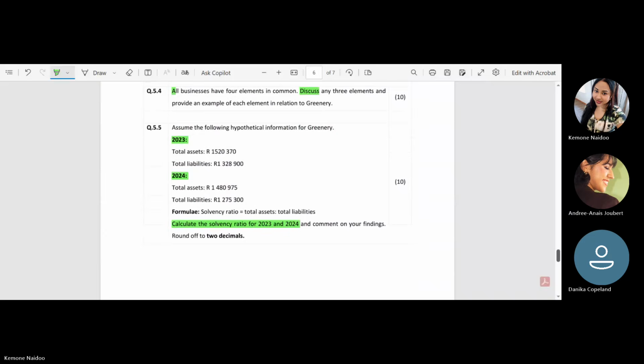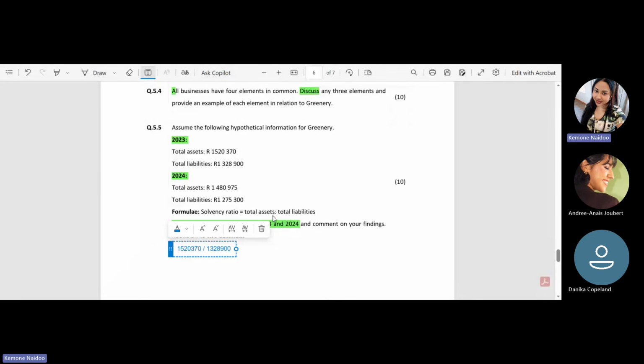They've given you total assets is to total liabilities, but you will know that you should divide total assets by total liabilities. So if we take these amounts, 51520, and you divide it by your total liabilities. Remember, write out your equation, even though they give it to you.